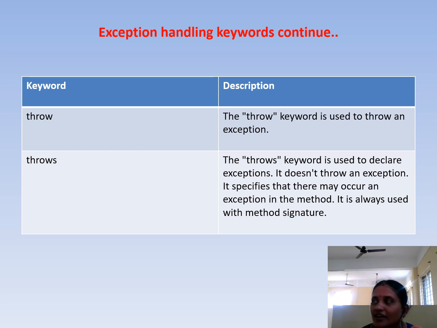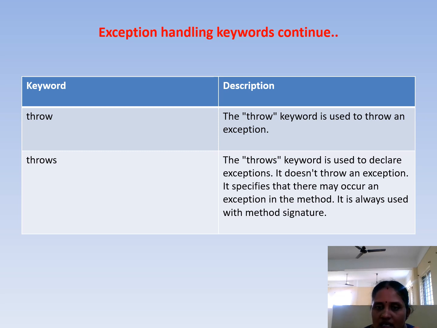The next keyword is throw. The throw keyword is used to throw an exception. The next keyword is throws. The throws keyword is used to declare exceptions. It does not throw an exception. It specifies that an exception may occur in the method. It is always used with the method signature.